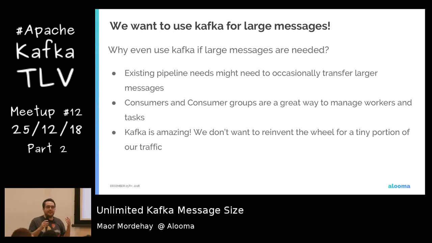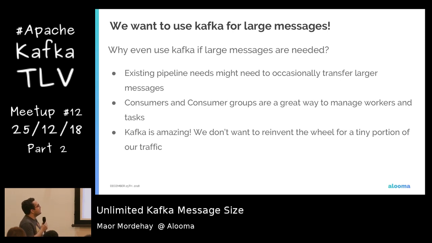We don't want to reinvent the wheel for a small percentage of the data. Specifically, in Alooma, most of our events are small, but sometimes they can be large, even very large, hundreds of megabytes or more.